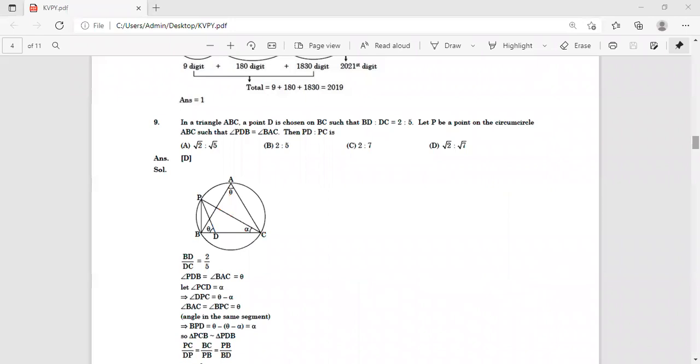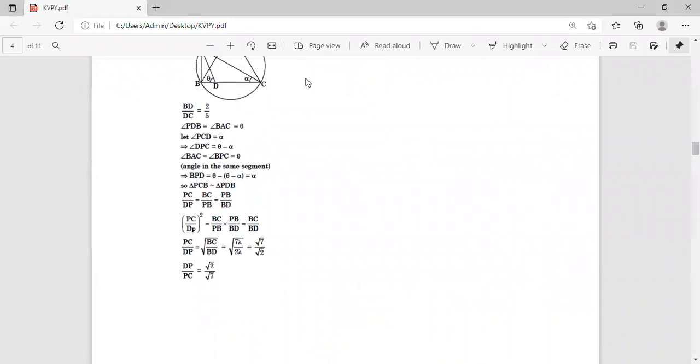So from here, what do you get? PC by DP square, multiply these two, BC into PB, PB into BD. So that PB cancels. So BC by BD, we know it is given. This ratio is given in the question. So write that ratio. So under root of this is the answer. Root 2 by root 7.